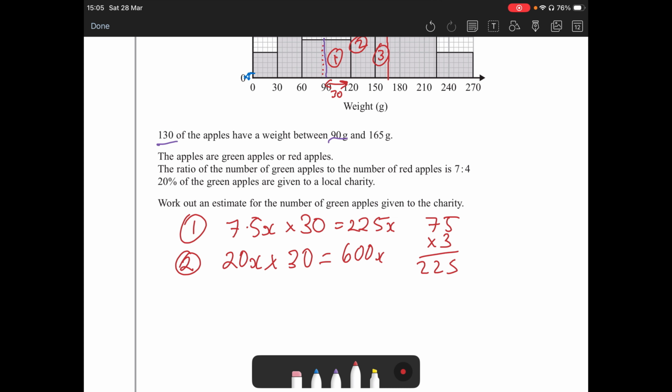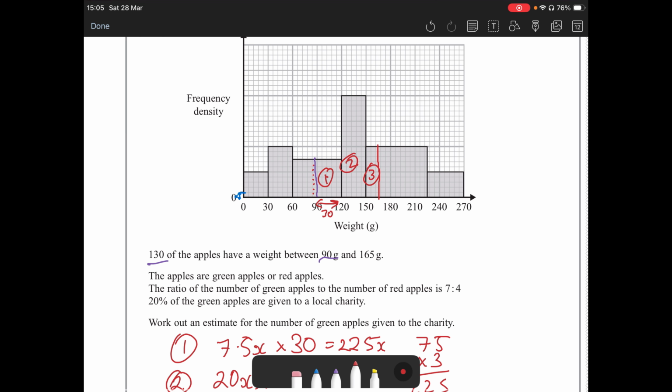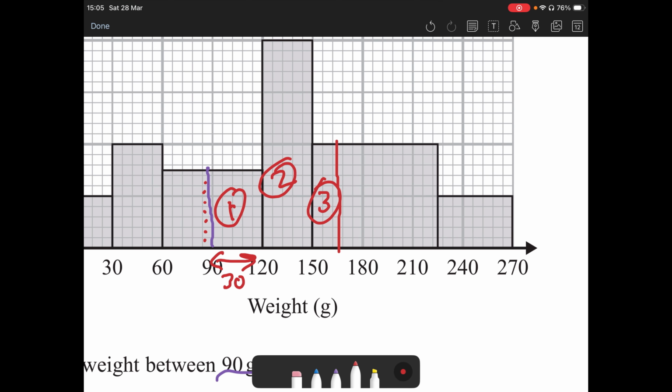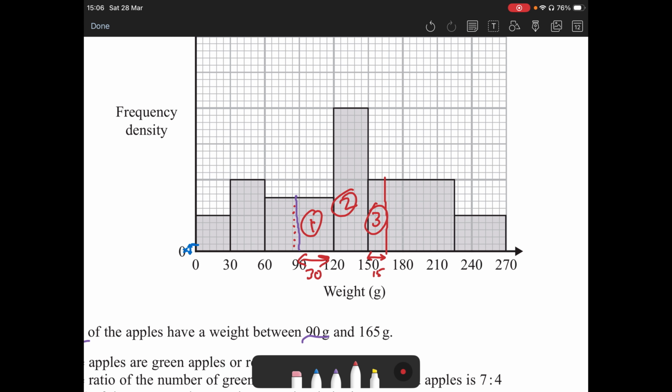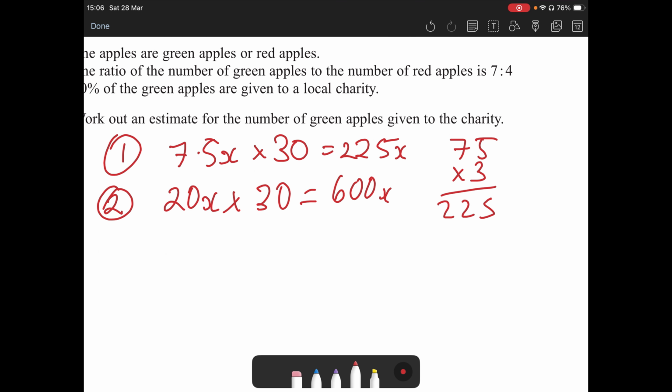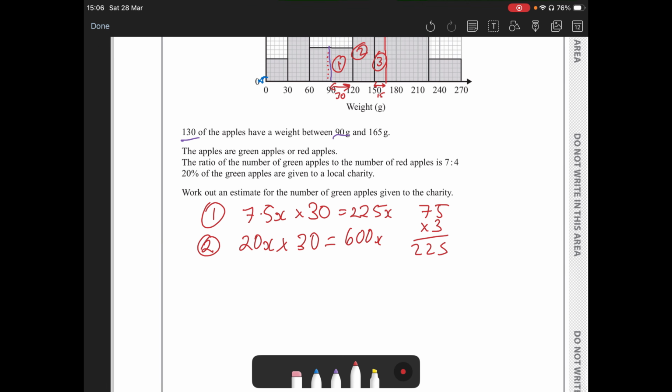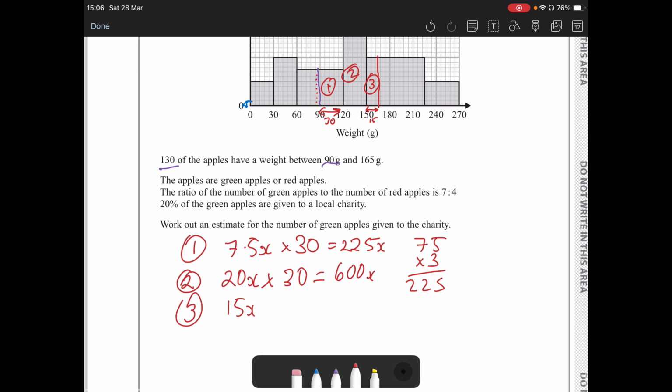And lastly, this last one is a tricky one. This is 15, and the height is 10x. Oh no, sorry. I want to do the height first, don't I? 10x times 15, 150x. Easy money.